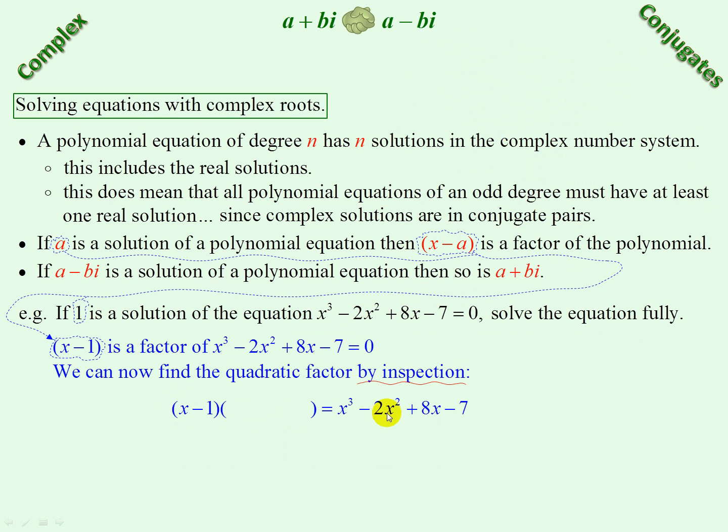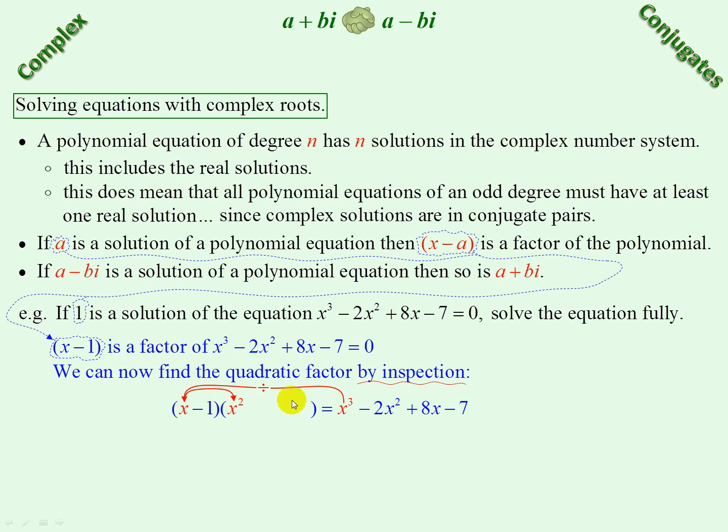x minus 1 times something gives us this expression. Now, we've got to say, well, x times this must give you x cubed. So if we say x cubed divided by x, we must end up with x squared.